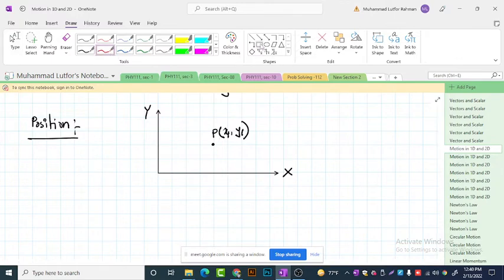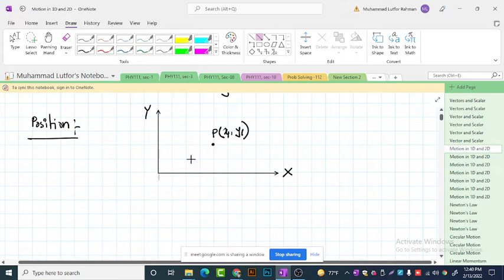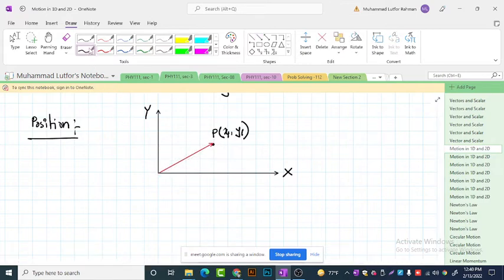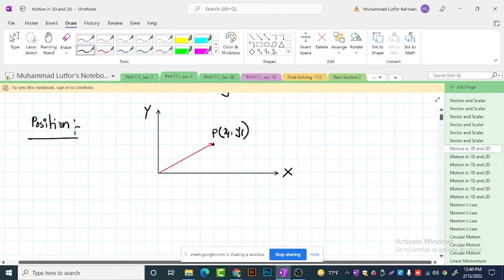Now we can locate the position of the particle from the origin or reference point in this way. We can express that location by a vector, r. I can call this r1, and write r1 equals x1 i hat plus y1 j hat.